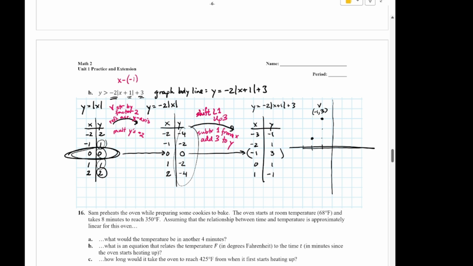Negative 3, negative 1, right there. And then over here, I've got the mirror image stuff. 0, 1. And this point right here, 1, negative 1. There is your absolute value graph.